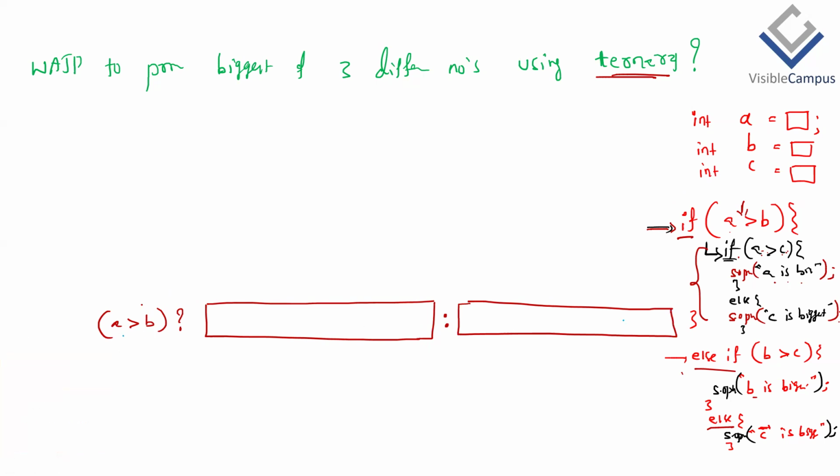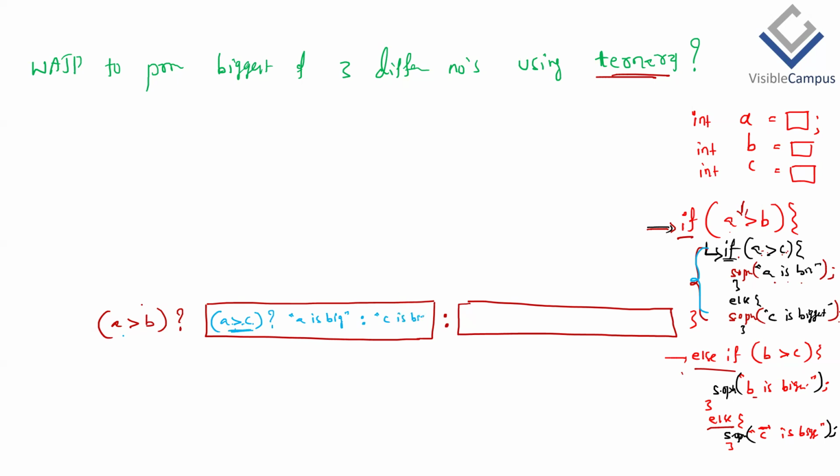If this is true, what's the next thing to check? Again, we have to check A greater than C. If this is true, what's the conclusion? A is biggest. If this is false, C is biggest.